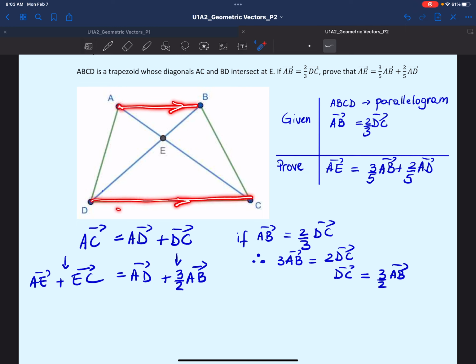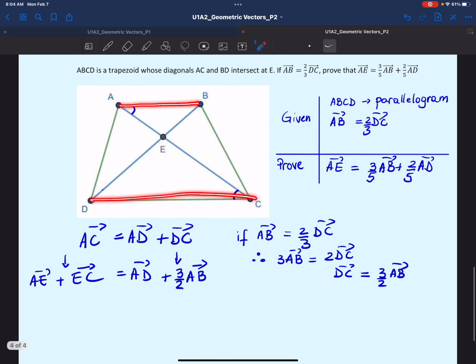The diagonal AC will act as a transversal for these two parallel sides, which means that it will create two alternate angles equal to each other. In a similar way, these two parallel sides are intersected by the transversal BD, which will create these two equal angles.